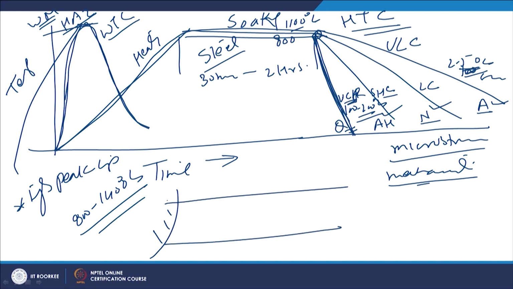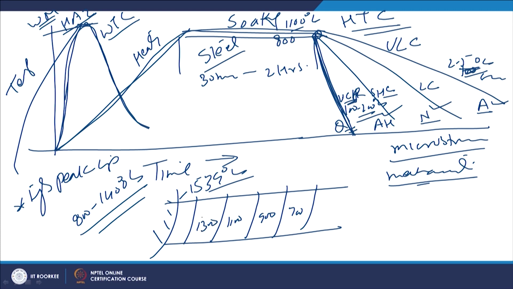Next to the fusion boundary, it will be like corresponding to the fusion point, or the melting point 1539 for typical pure iron, and the lower values for the steels. Then in the regions away from the fusion boundary, the temperature will be decreasing, like say 700 degrees centigrade, 900, 1100, 1300, 1500. So, on approaching towards the fusion boundary, the peak temperature will be high.